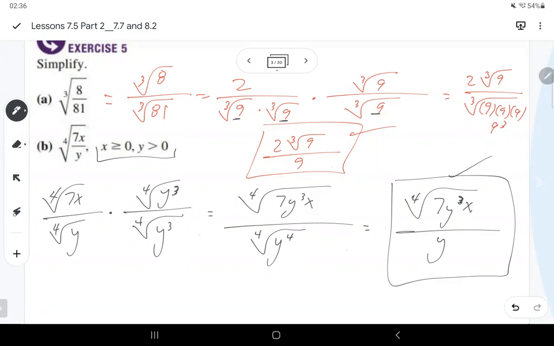And if you wrote that a little bit different, if you put the x first, that's fine. Put the y first, doesn't matter. As long as it's underneath that radical, you are good to go.